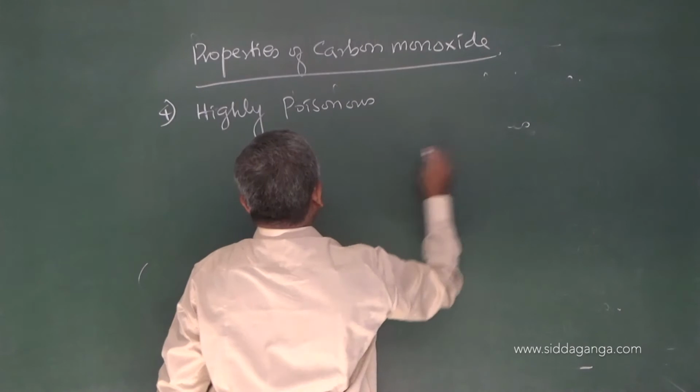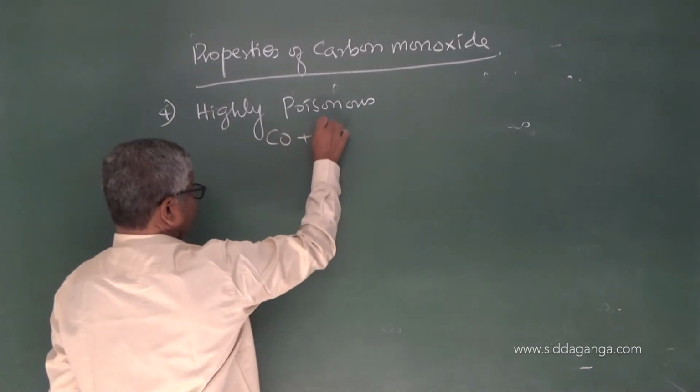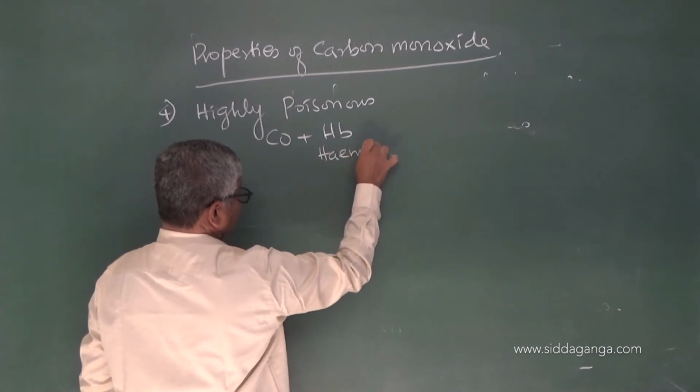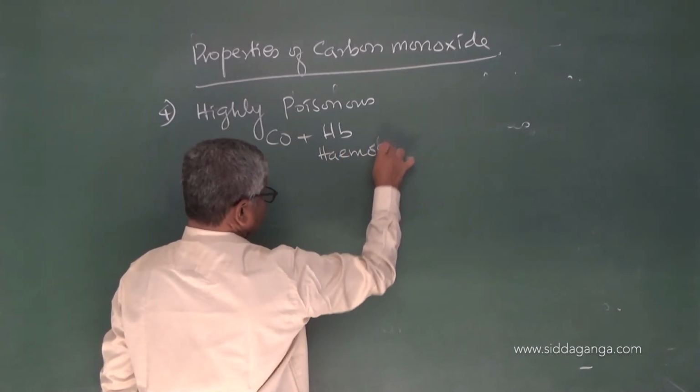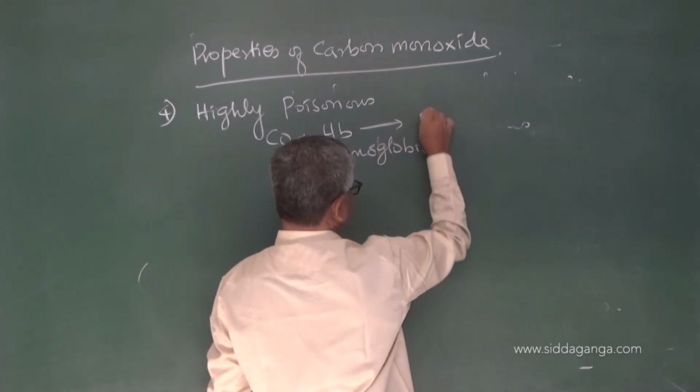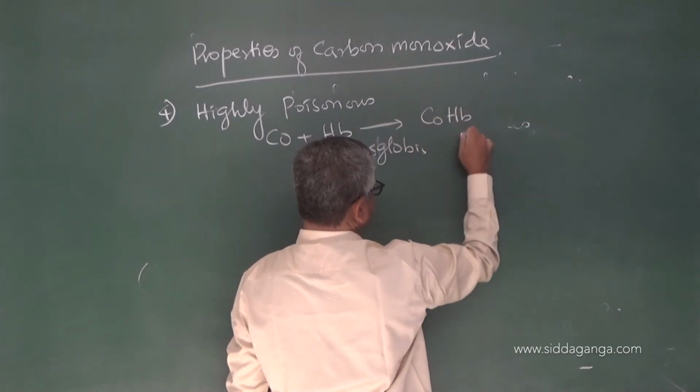If carbon monoxide combines with hemoglobin, then there is a formation of carboxyhemoglobin.